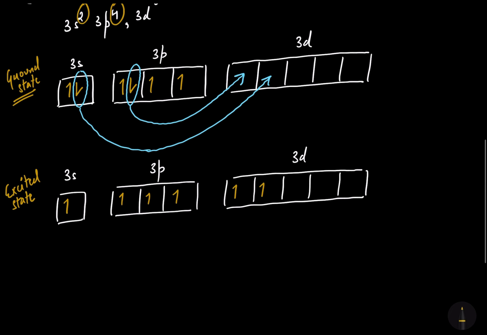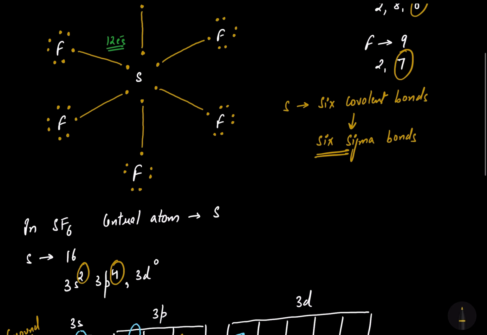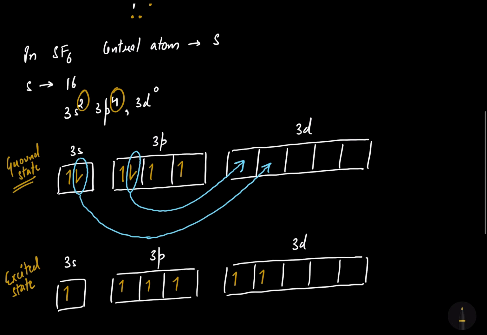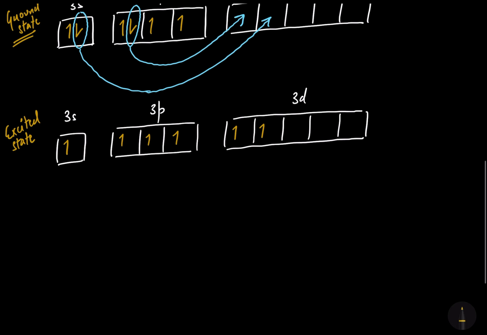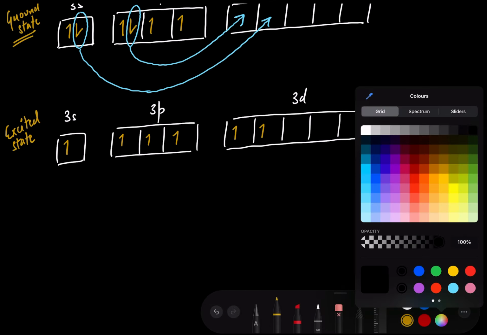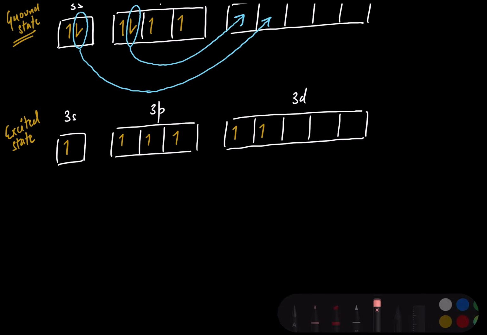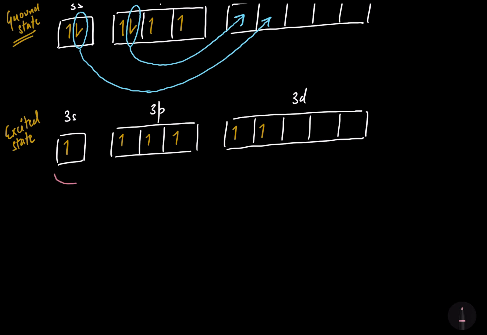Now, as all the 6 bonds in the Lewis structure are sigma bonds, during the intermixing of the atomic orbitals, all the orbitals containing 1 electron each will be involved. So in this case, the intermixing of atomic orbitals, that's 1 from the s orbital, 3 from the p orbital, and 2 from the d orbitals, will intermix.